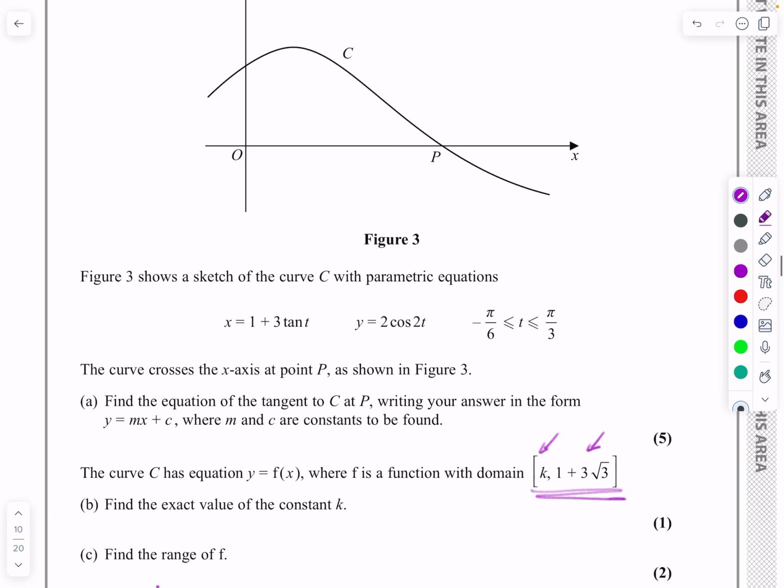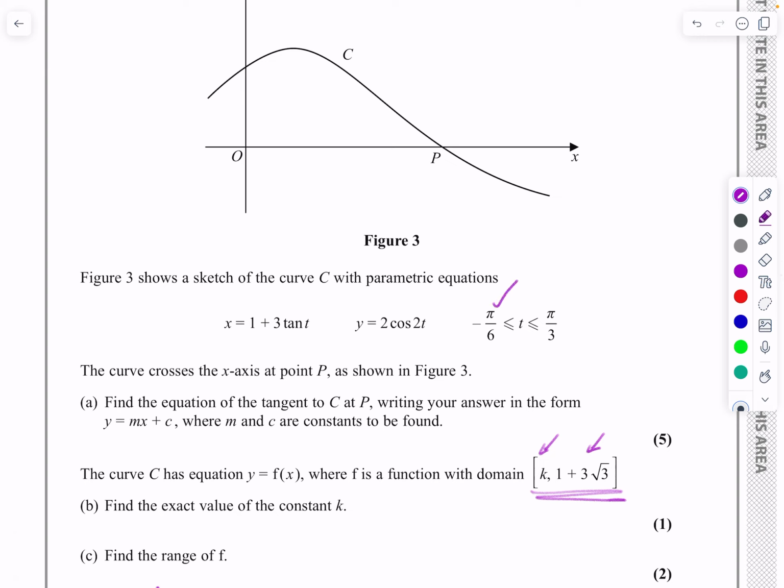So I would assume to start off with that if I put minus pi over 6 and pi over 3, I'm probably going to get those 2 values. Now I'm going to go into a bit more detail with this, and I'm going to say let's just absolutely check to make sure that's true, because it's 1 plus 3 tan t. I can sketch it. I'm going to do a bit of work on that. But if I didn't have a lot of time, I'd just put both of those values in. Let me just explain to you why we should just be a little bit more careful than that if we've got time to do it.